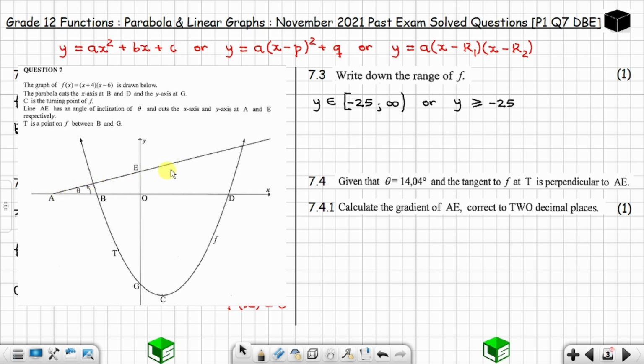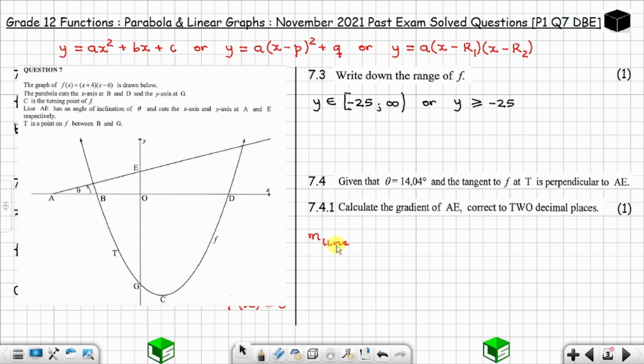So when there is a line which is forming an angle of inclination with the x-axis, to get the gradient of that line, you have to use this formula. This is the formula. The gradient of the line, so m for gradient. I want you to know that m is for gradient.